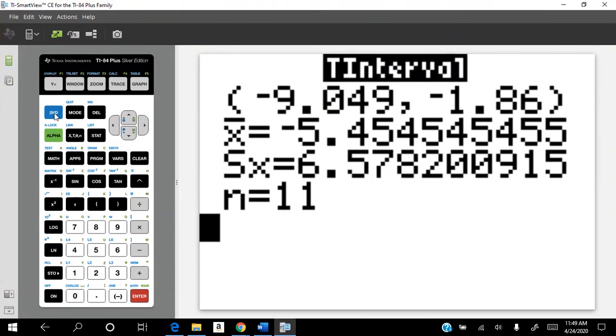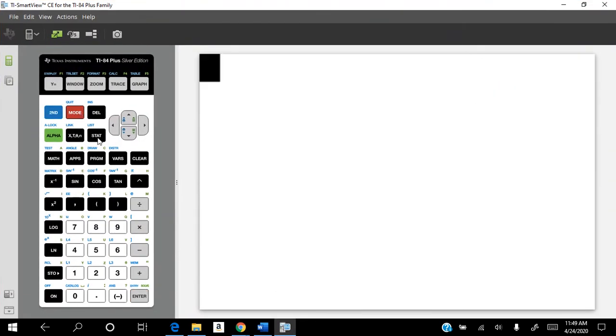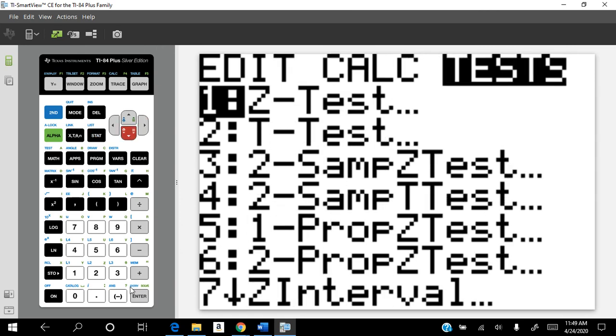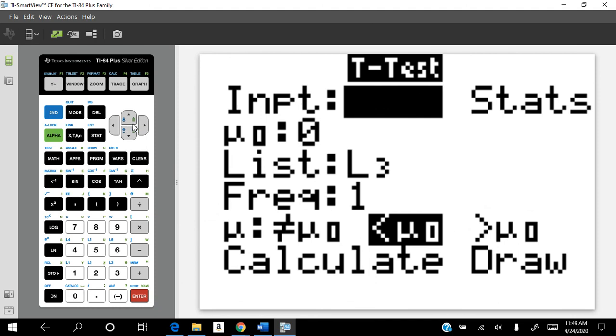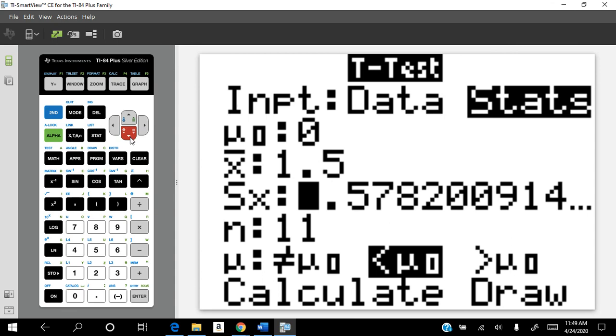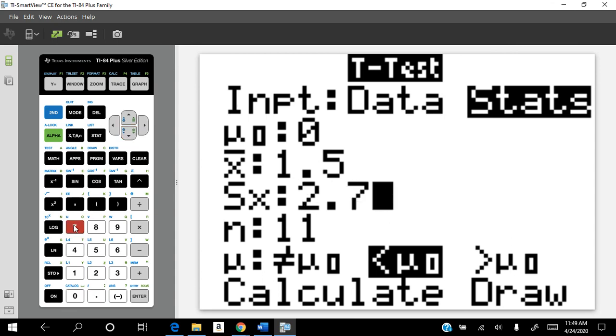All right. Stat over to test, a one sample t-test. This time we don't have our data, we have our statistics. Mu is still going to be 0. X bar was 1.5. The standard deviation of the difference is 2.77.